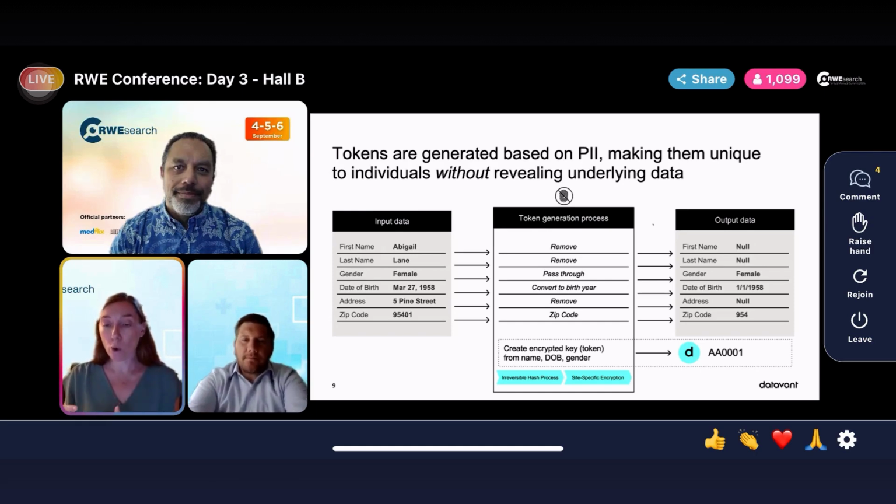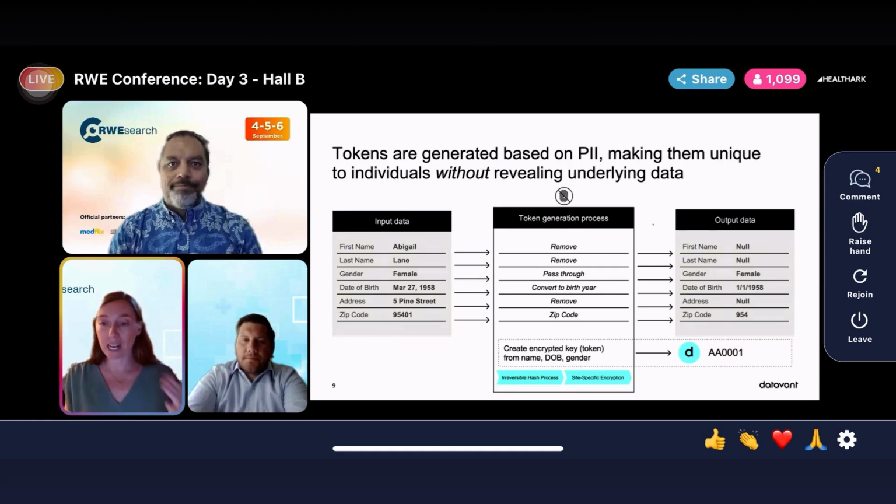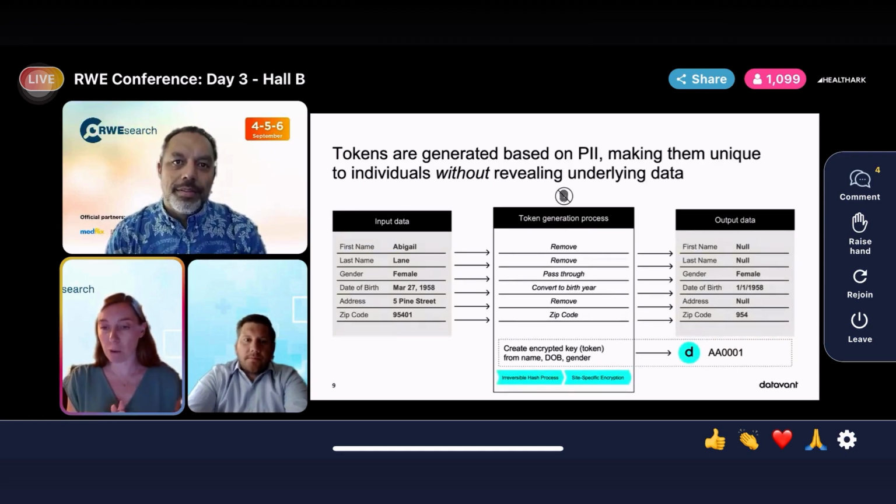So although the token is generated based on that information, it isn't like the last name is part of the character string that is the token. You can't use any statistical analyses to get that last name back out of the token that is generated. I just want to use that as a little example because I know it can be a little bit hard to conceptualize.